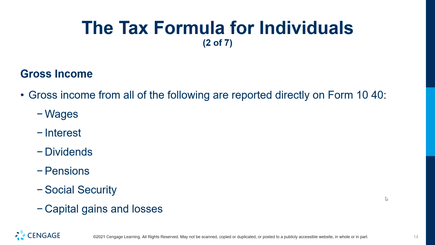Also, income from a business, rental income from Schedule E, but all those incomes are actually put into Schedule 3 or Schedule 1. So really the only ones that are directly on Form 1040 are these.